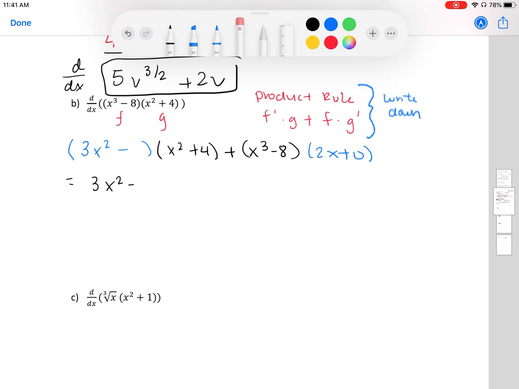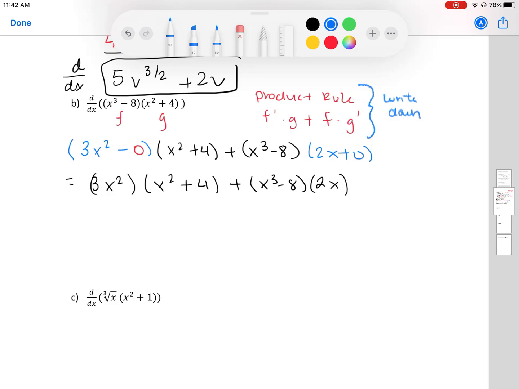The derivative of a constant is 0. That's what I get for going quick. So we just have 3x squared, and g is x squared plus 4, plus f is x cubed minus 8, and the derivative of g is just 2x.